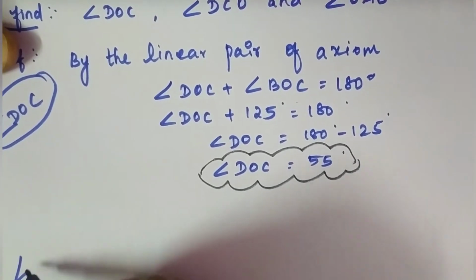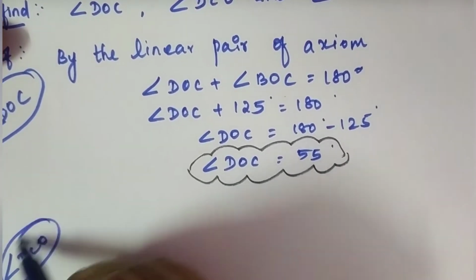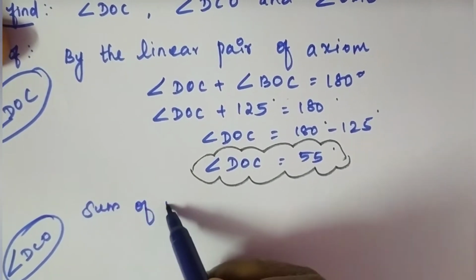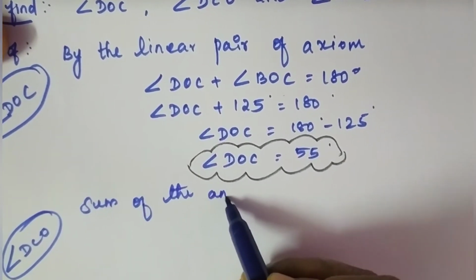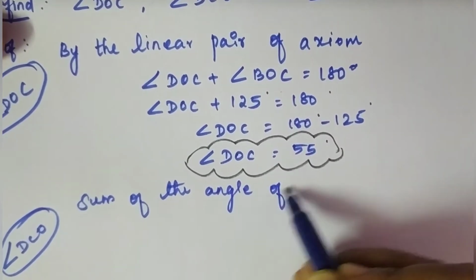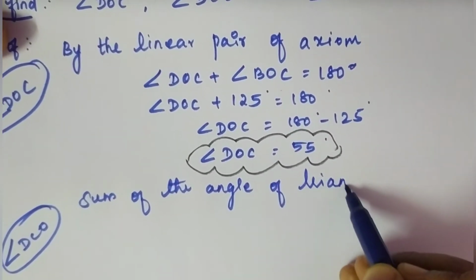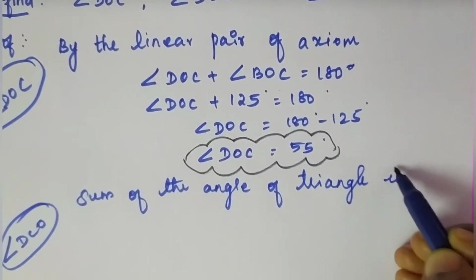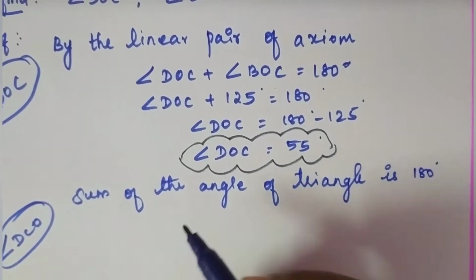Second thing, angle DCO. The sum of the angles of a triangle is 180 degree.